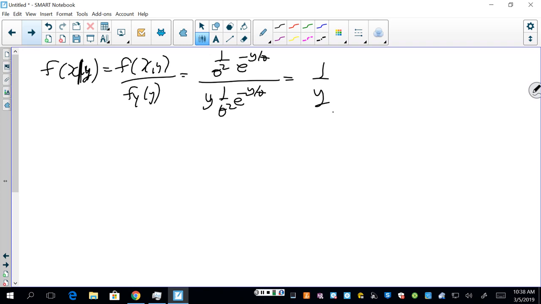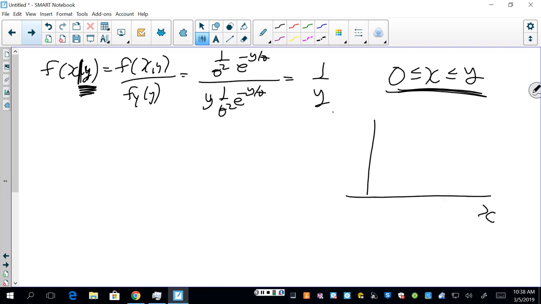But what are the limits? How can x go from 0 to infinity, or is there some other limit? Well, we had this restriction that x in this density was less than y. So if we are given a value of y, saying we measure two things coming along and we know the total is a certain distance, what was the distribution of how big the first one was?